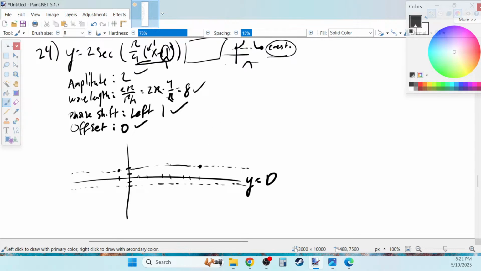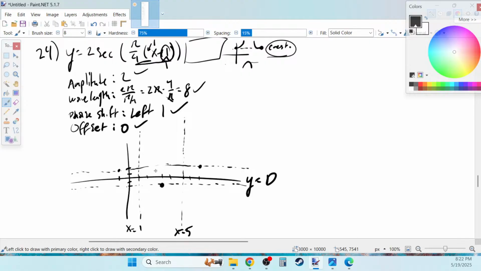So we count 1, 2, 3, 4. Here's halfway on the trough. Halfway between a crest and a trough, we'll have our asymptote. Same thing over here. Halfway between the crest and the trough is an asymptote. So this is at x equals 1 and x equals 5.